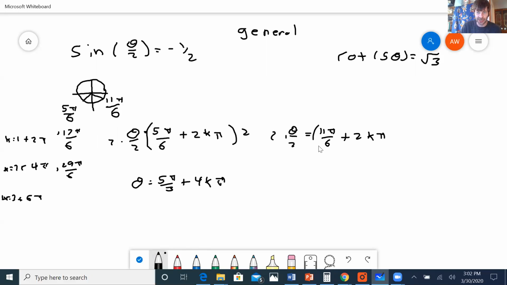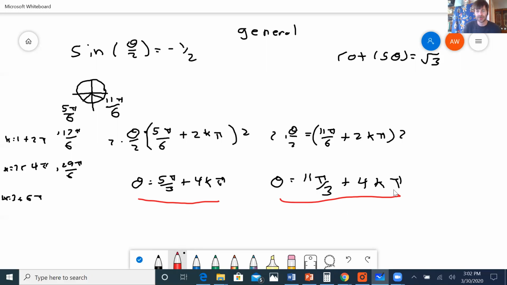So I multiply both sides by 2. And these are my 2 answers.